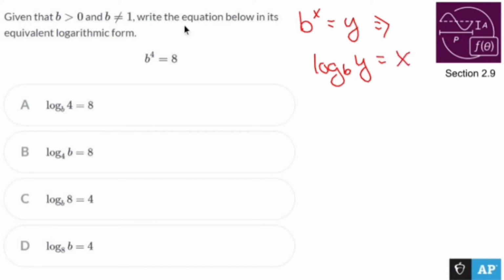So this looks like this, and I need to make it look like that. So my x is 4, my y is 8, and my b is b. Makes sense? So I'm going to change this into log base b of y, which is now 8, equals x, which is now 4.